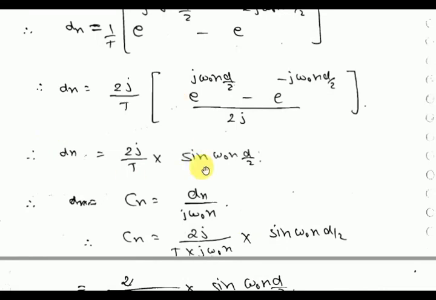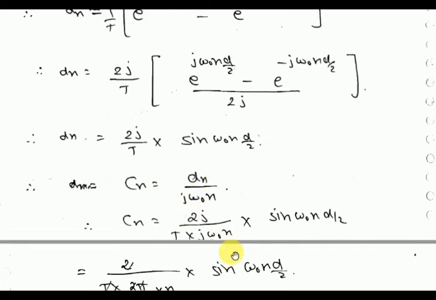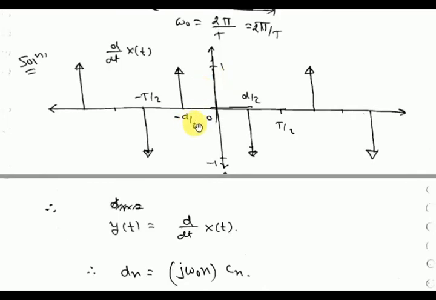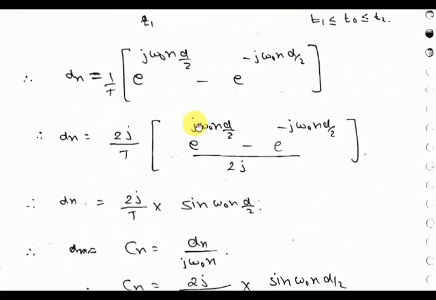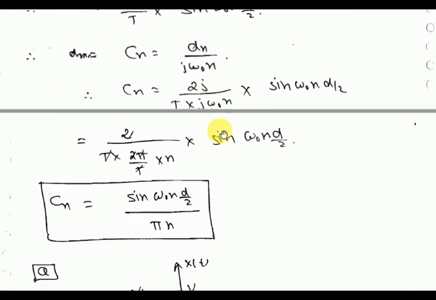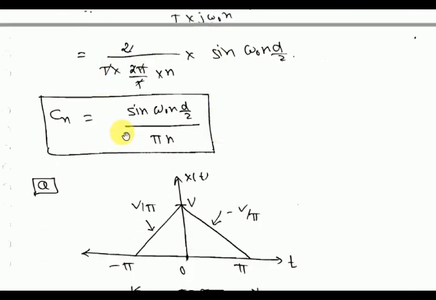Then Dn is like this: 2j by T sine omega naught n alpha by 2. So Cn equals Dn by j omega naught n, using the differentiation property. You will find the answer like this.